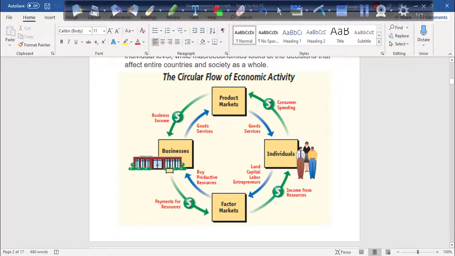This study of economics, I've heard some people describe it as one word: scarcity.